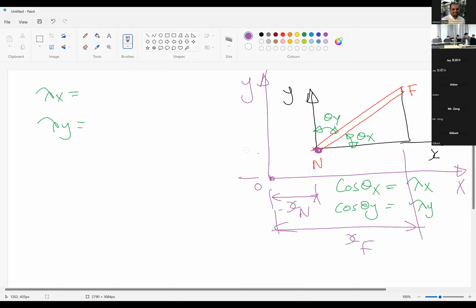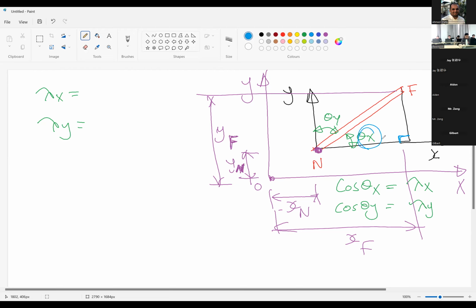In the y direction, this is yf, and this is yn. And this is yf. In this triangle, this is a right angle.